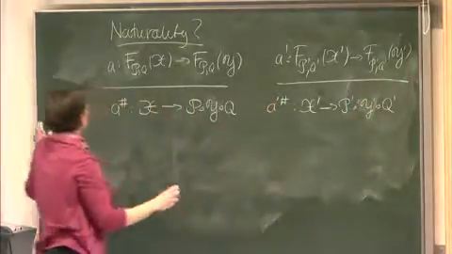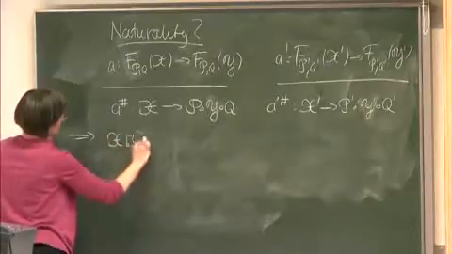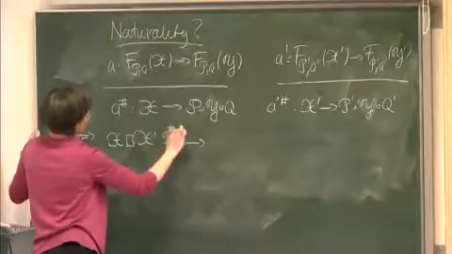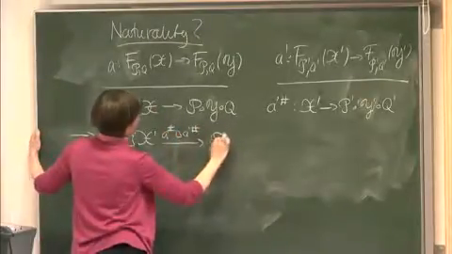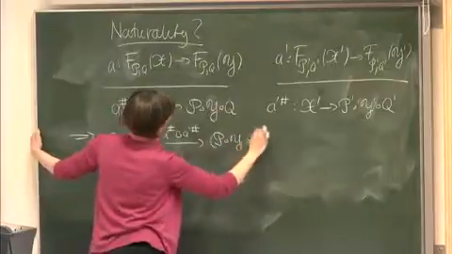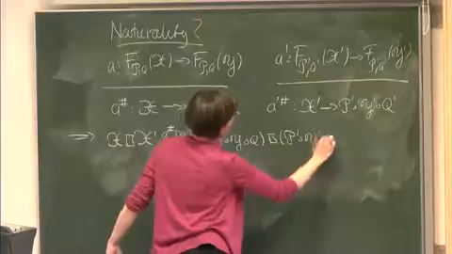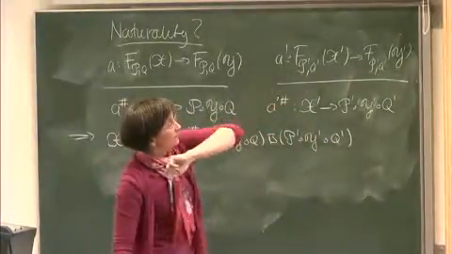Okay, so we do that in the following way. Here's X box X prime, which maps by A sharp box A prime sharp into these guys. And now we use our magic transformation tau to finish the story.